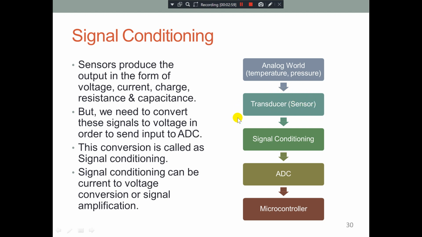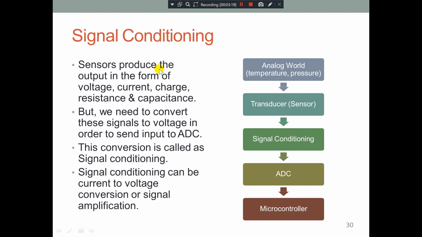Then we do signal conditioning. After signal conditioning, we give it to the analog to digital converter. After converting the analog signal to digital, we give that data to the microcontroller to take the necessary action. This is how the flow takes place.